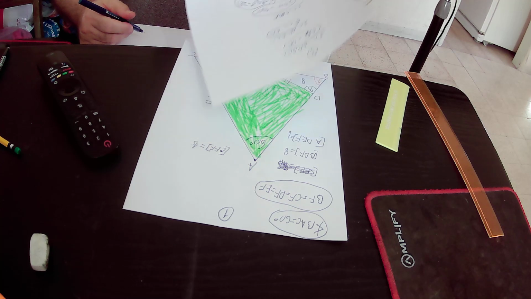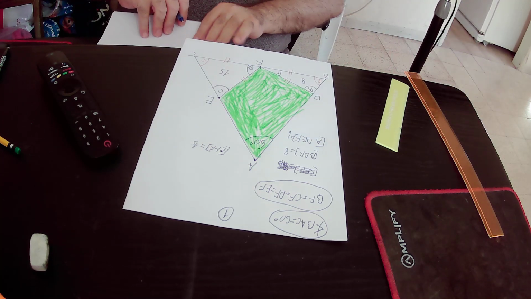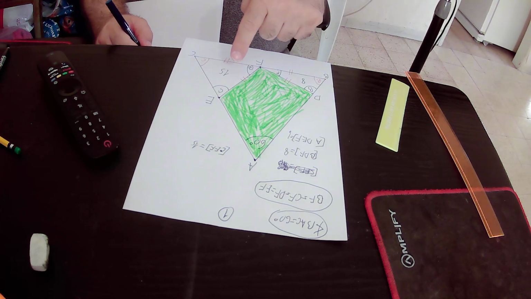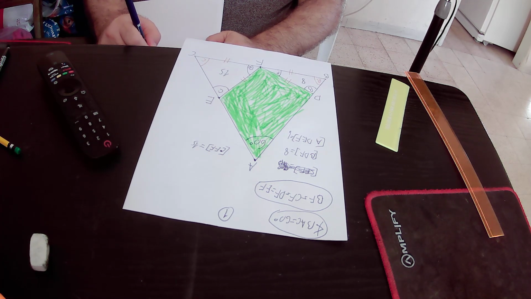And we also know that the sum of the angles in triangle FEC is equal to 180 degrees.